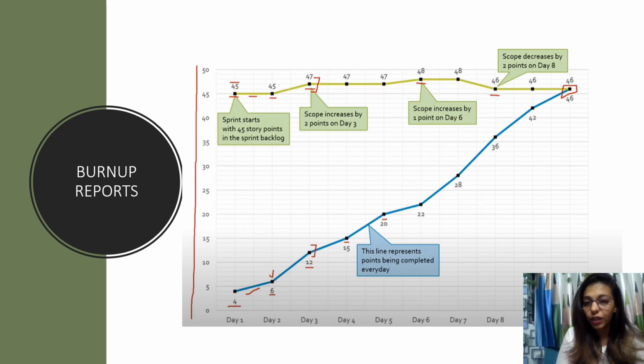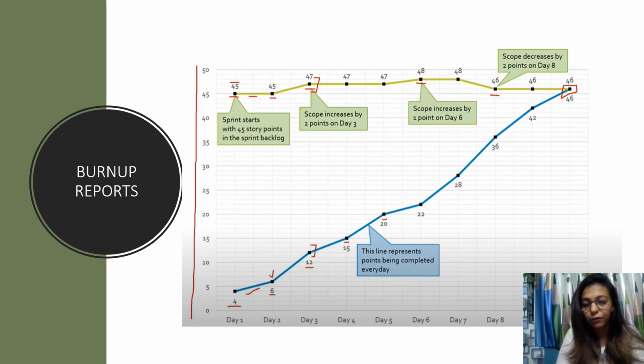But here we are actually checking how much is completed. There we had remaining, here we say it is completed. Also there is one additional scope line, you see this green line, it will show the cumulative total number of stories. And if there is any change, that change will also be calculated.